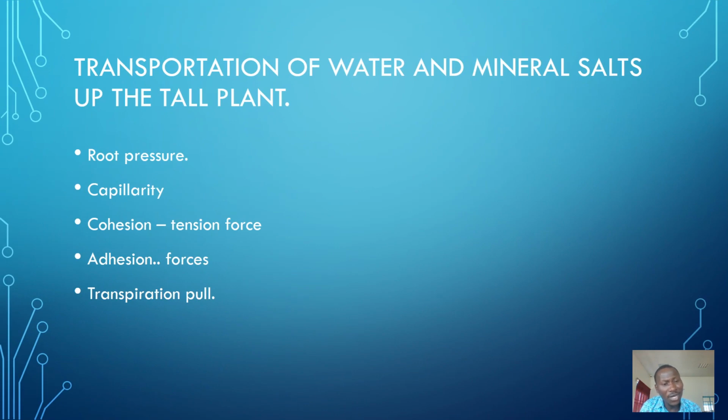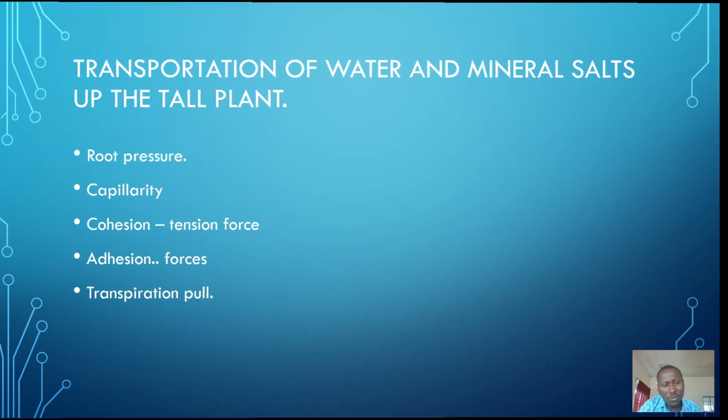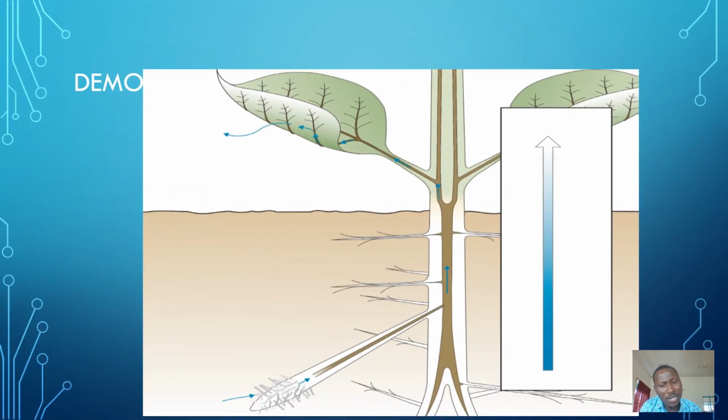Then we have cohesion, which is a force of attraction between molecules of the same kind. Water molecules are of the same kind. Therefore, they are highly attracted to each other to maintain a continuous stream of water along the xylem vessel. Please take note of this.